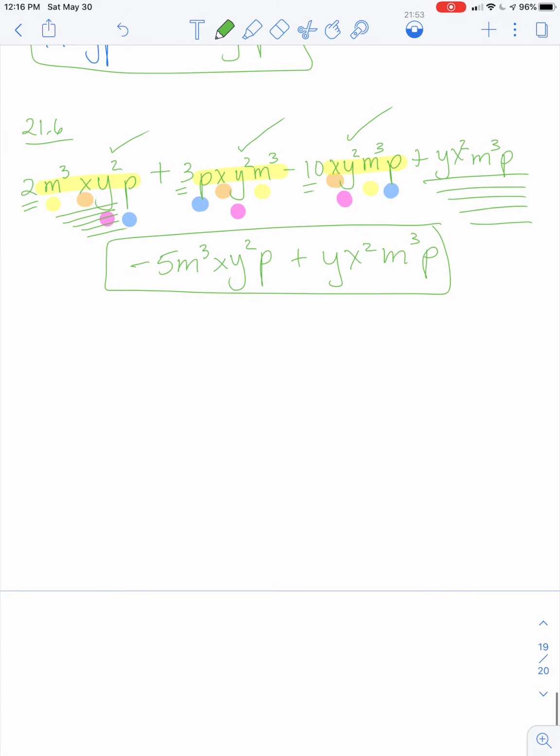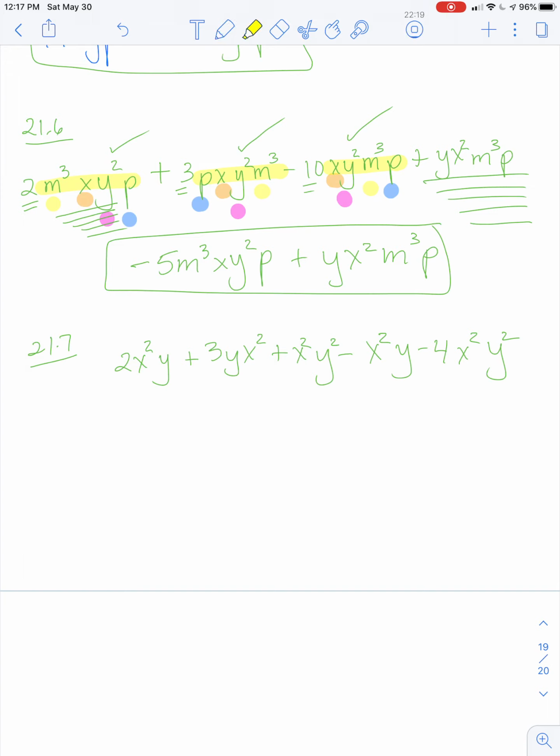And then this is going to be the last example I do for you that you're watching. So 21.7 is 2x squared times y plus 3yx squared plus x squared y squared minus x squared y minus 4x squared y squared. Okay, let's find like terms.